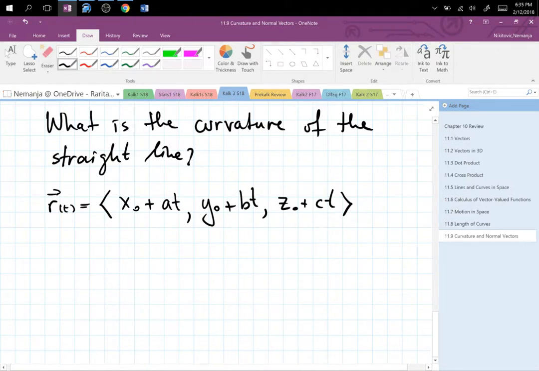So to start this one, we have our r prime of t to be simply ABC, because x0, y0, those are all constants, right?